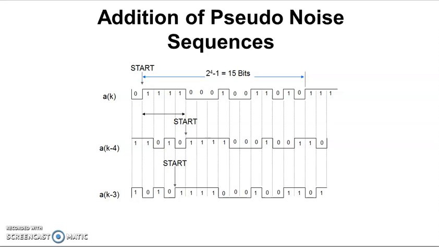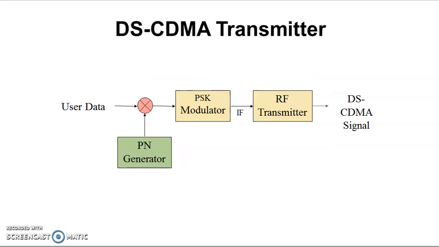Next, we can consider a discrete sequence, a CDMA transmitter, which is used mostly in the CDMA technique because it uses a PN code that is added directly by modulator 2 to the user's data, and it generates a signal that is useful for the PSK carrier.